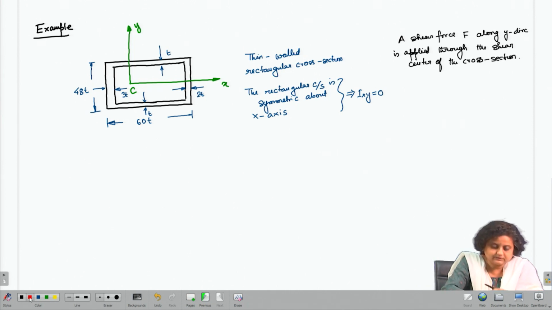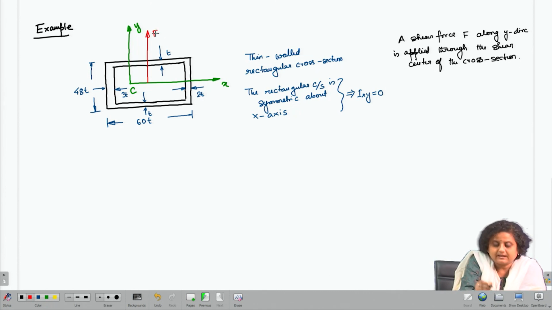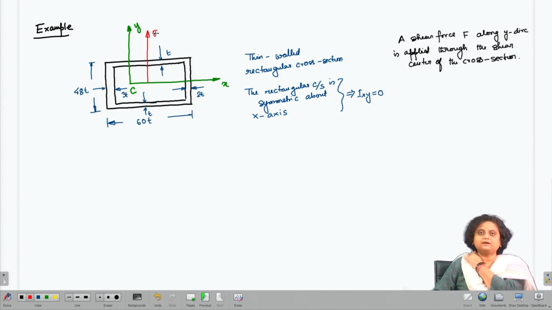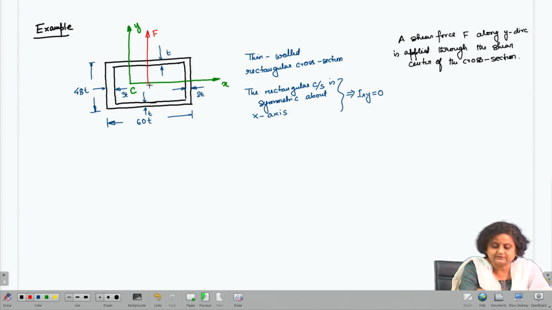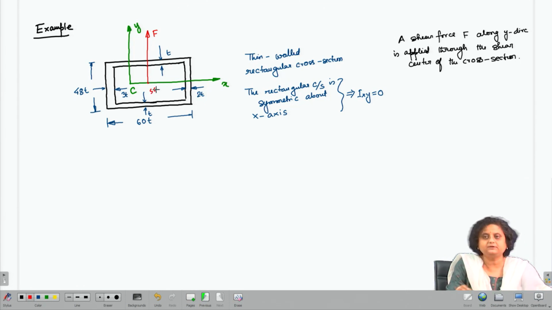So, what does it say? That a shear force F along the y direction is applied through the shear center. This is probably the shear center.